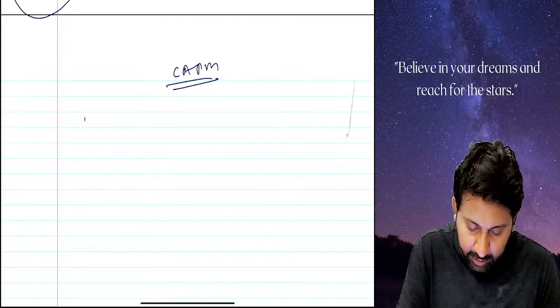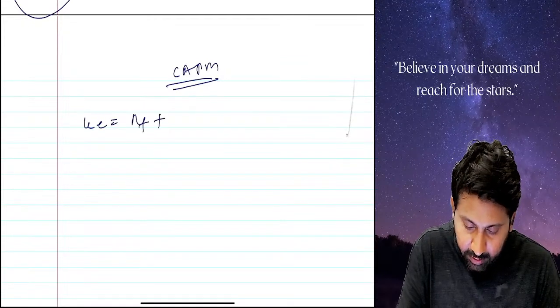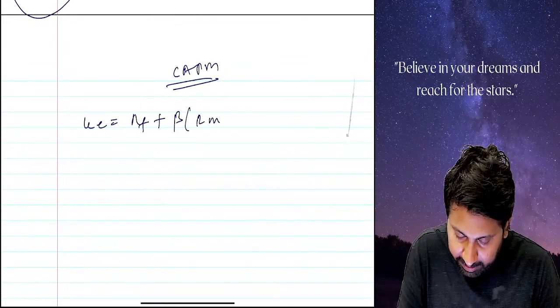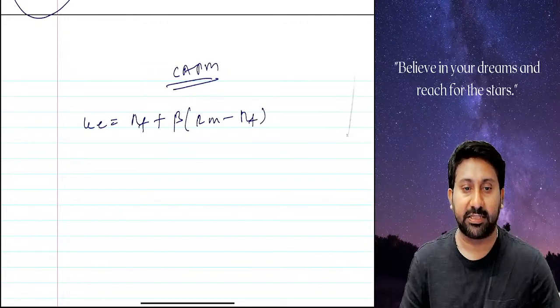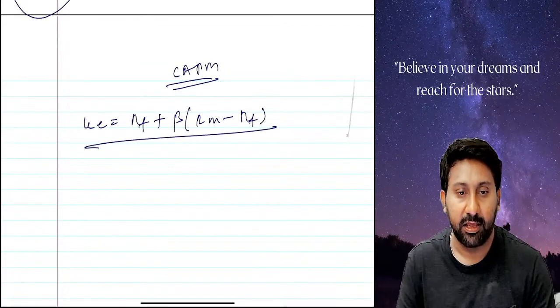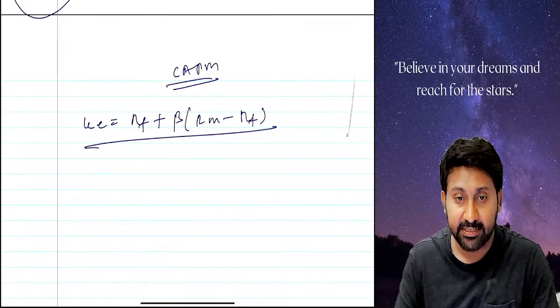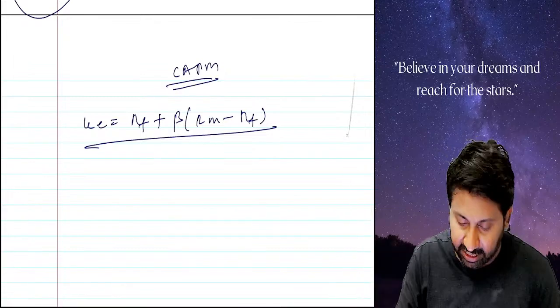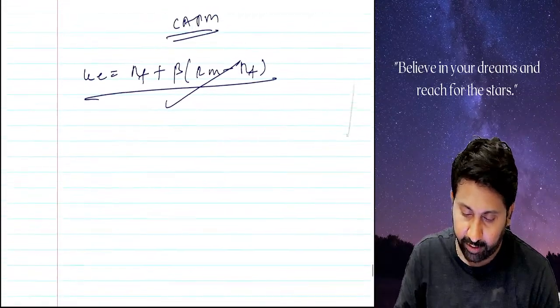CAPM: KE equal to RF plus beta into RM minus RF. This is the formula. KE equal to RF plus beta into RM minus RF. This is the formula. Okay.